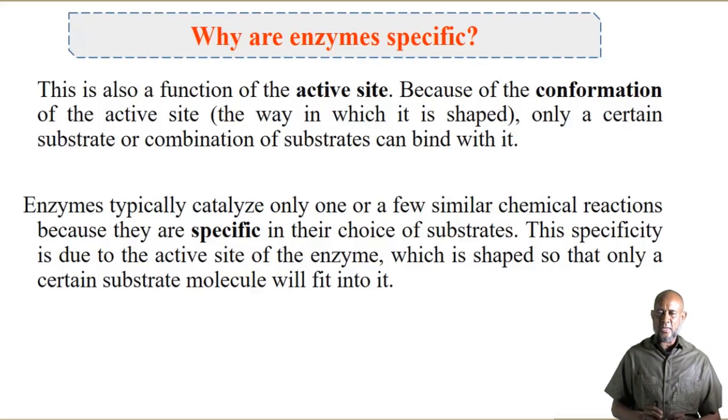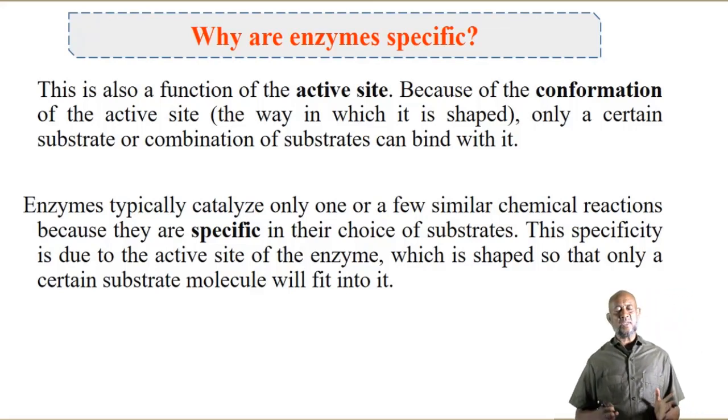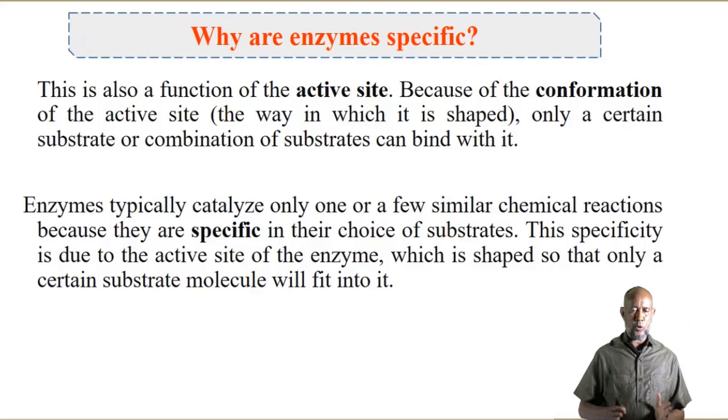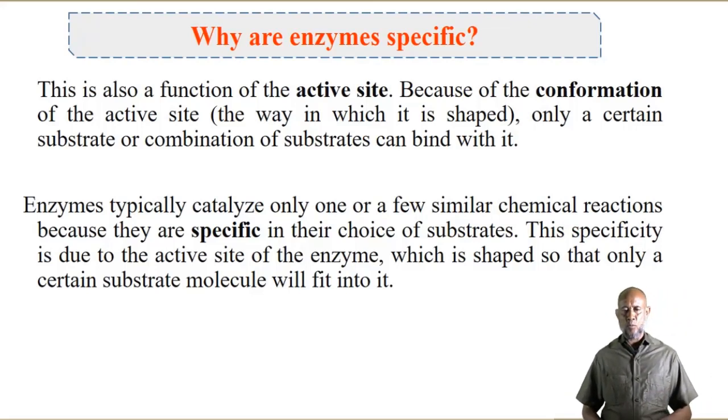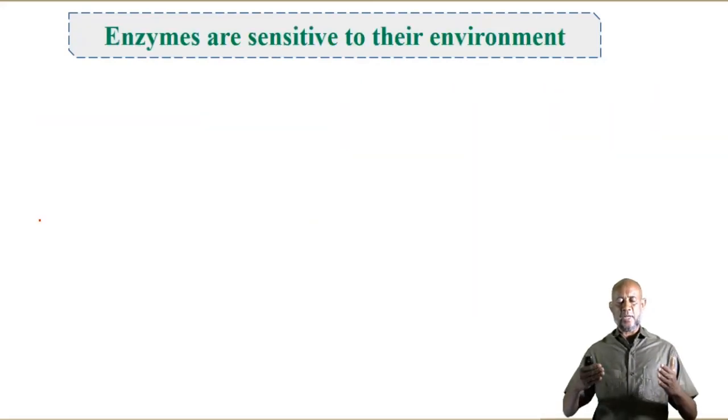Okay? This specificity is due to the active site of the enzyme, which is shaped so that only a certain substrate molecule will fit into it. That is what you call the active site, where the substrate is attached.